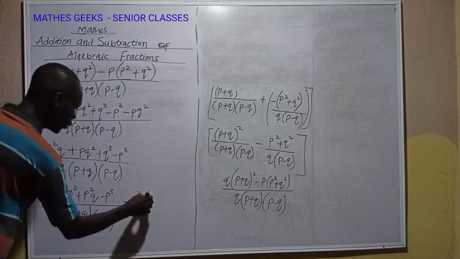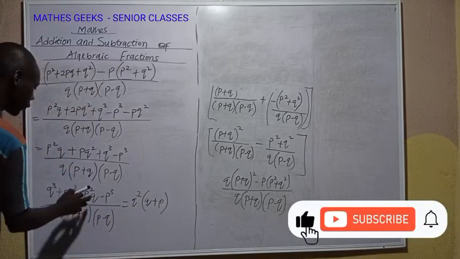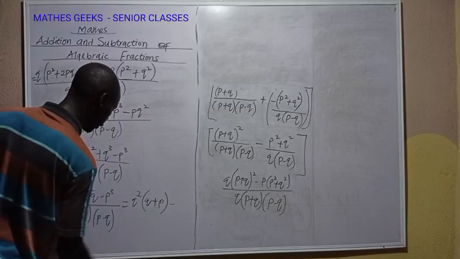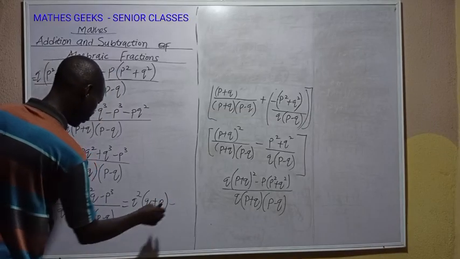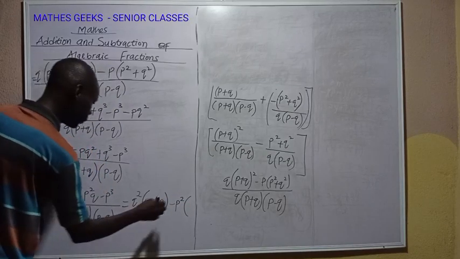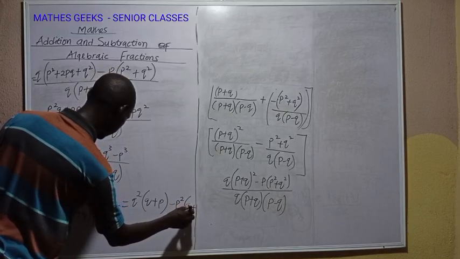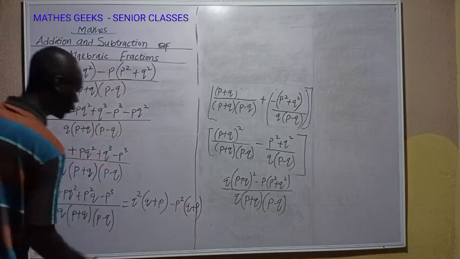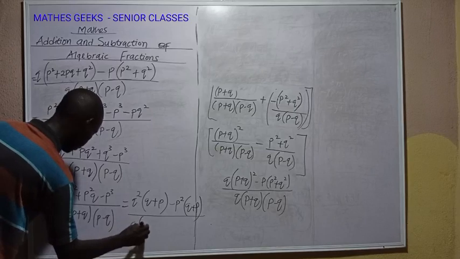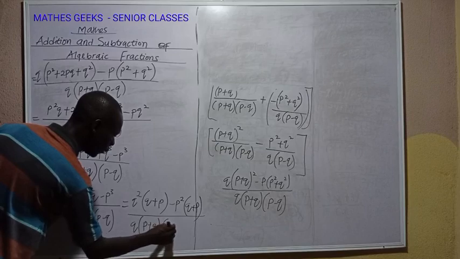Bracket open, this is q plus p, and here minus p squared, equals q plus p, over q(p plus q) and (p minus q).